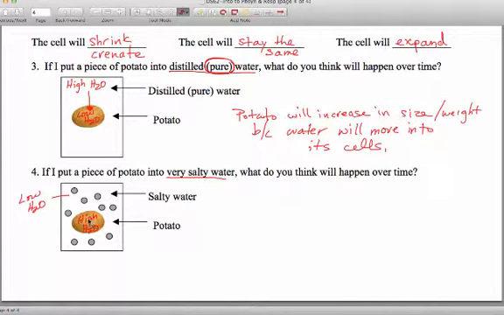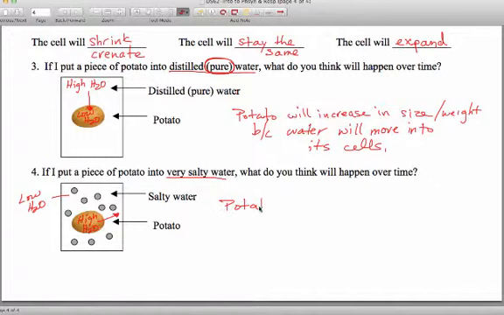If we're high on the inside and low on the outside, which way do you think water will move? Let's think about what we talked about before. We always want to be equal. If I have a lot of stuff on one side and a little bit on the other, the only way to equal it out is to move stuff out from the high end and into the low end. So in this case, water is going to leave the potato.